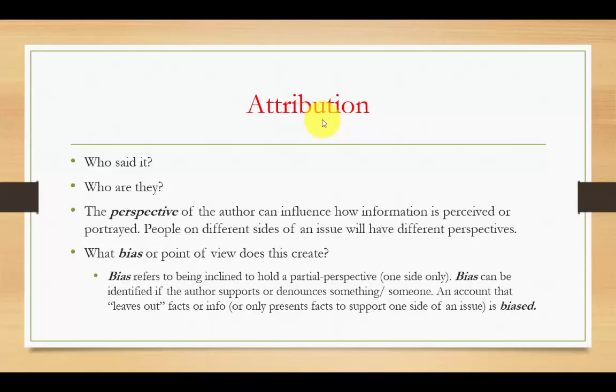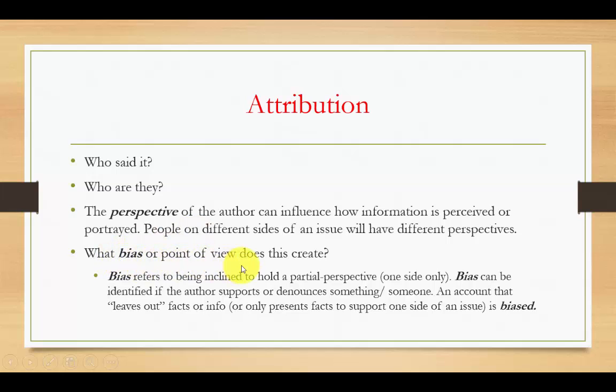Throughout history, people have fallen on different sides of an issue, for example, or they might be from different political spheres, and recognizing who they are and what their interests might be is really important when we look at the information that we're getting from that source. The perspective of the author can influence how information is perceived or portrayed. People on different sides of an issue will have different perspectives.